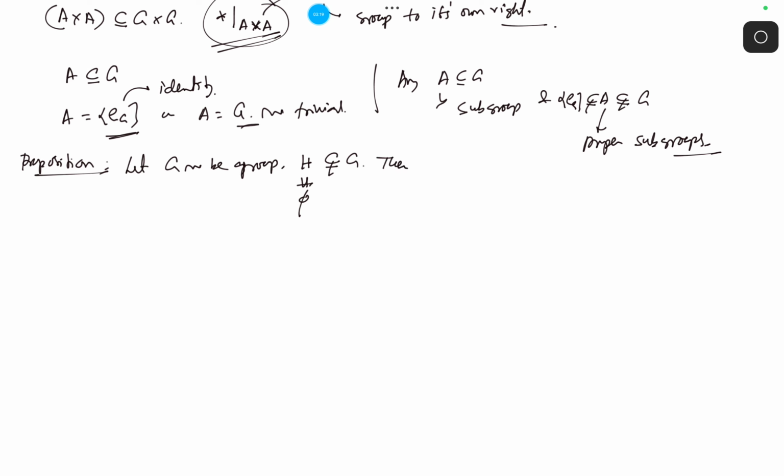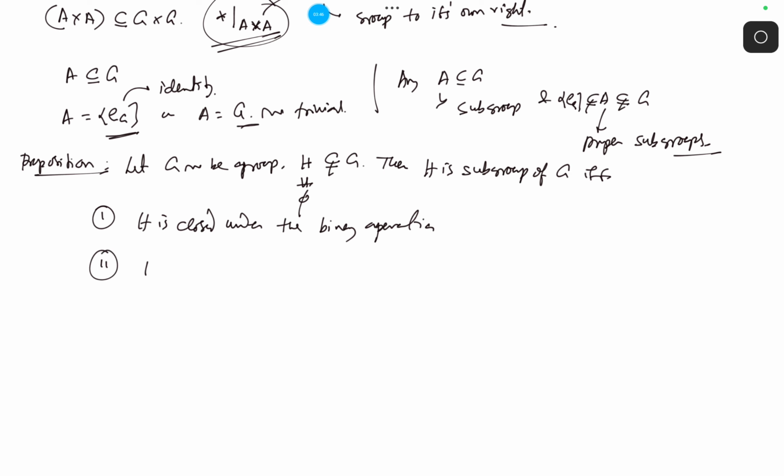Then H is a subgroup of G if and only if the following conditions are satisfied. First, H is closed under the binary operation.